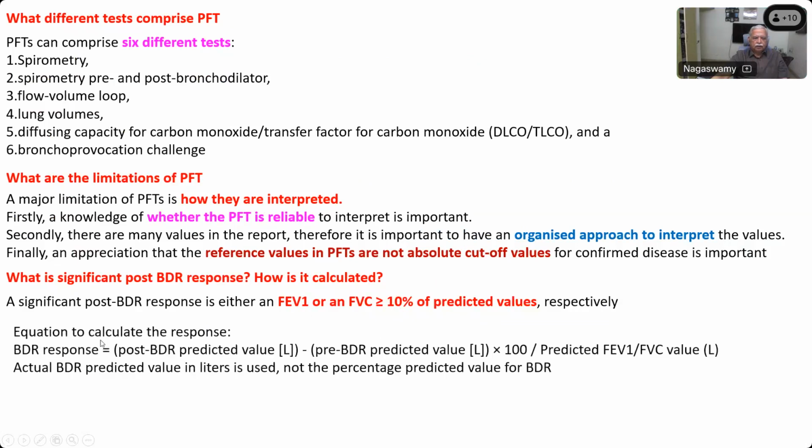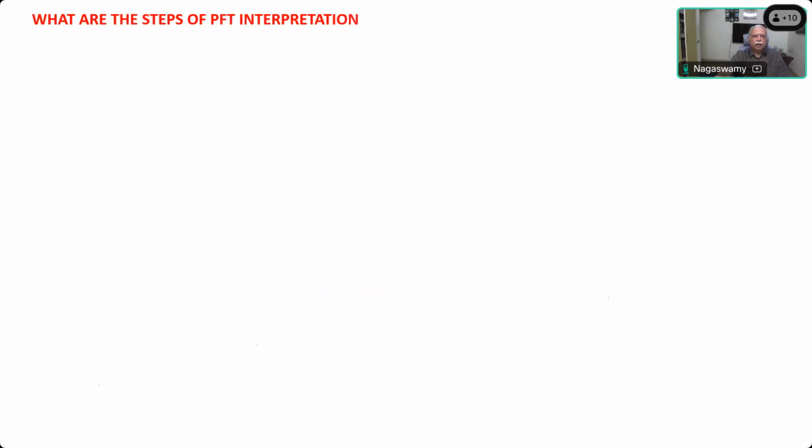The equation we use to calculate the BDR response: the post-BDR value minus the pre-BDR value, in liters rather than in percentage, multiplied by 100 and divided by the predicted FEV1 or FVC in liters, then you get the BDR response. Now, actual bronchodilator response is calculated in liters and not in percentage. That is a very important thing that we have to remember.